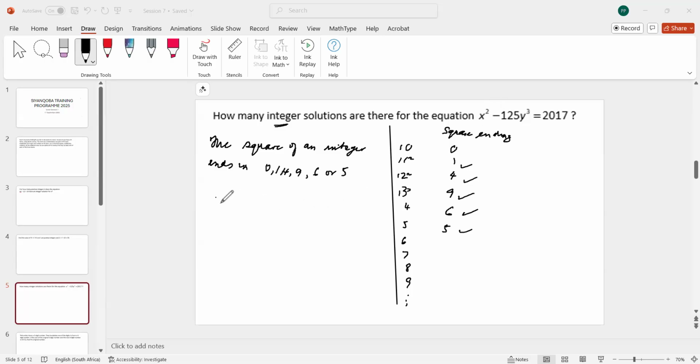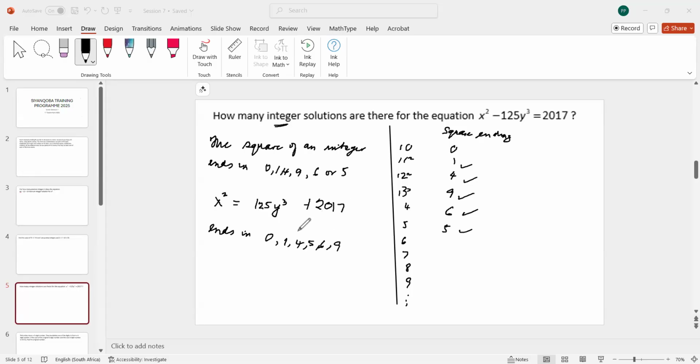So let's look at x squared and make it the subject: x squared is 125 y cubed, taking it to the other side, plus 2017. This is a square, so it ends in only these values: 0, 1, 4, 5, 6, or 9.